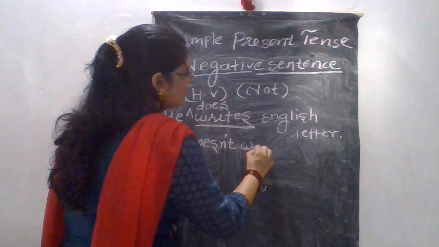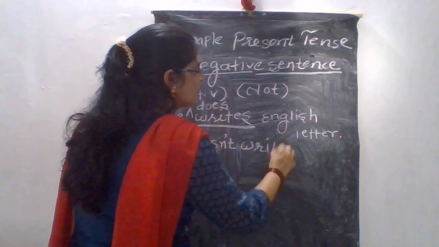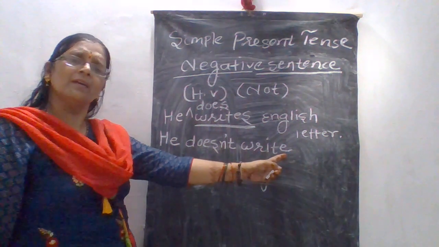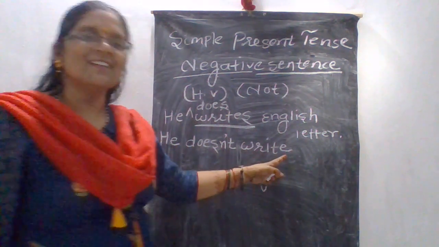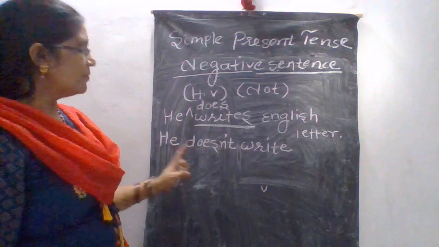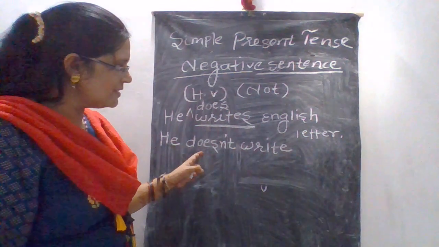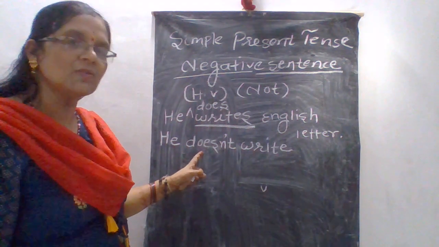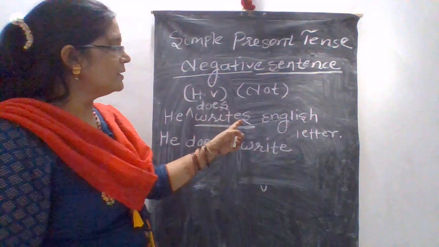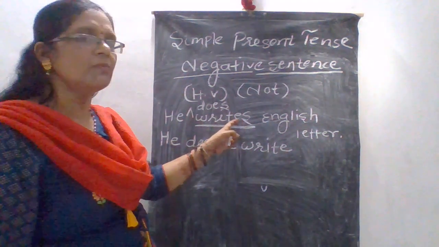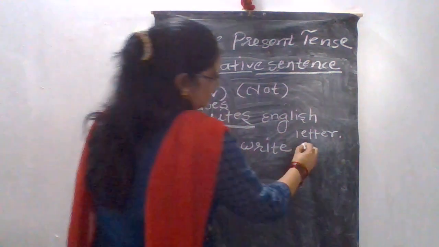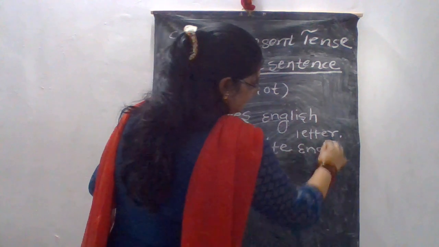Now we have to write the main verb. The main verb is write. I have not written writes. Why? Because in English there is a simple rule that whenever we are adding does in any simple present sentence, then we have to remove s or es from the verb. So what I have written? He doesn't write English later.